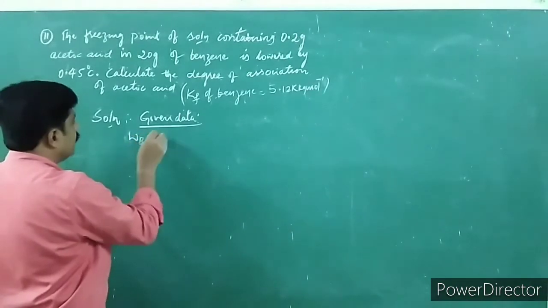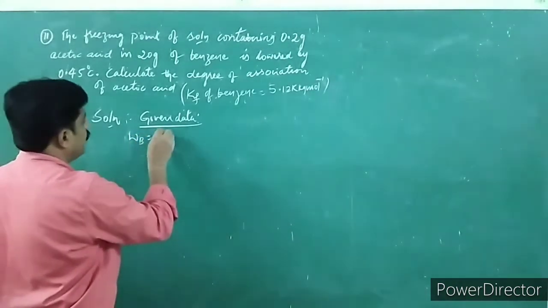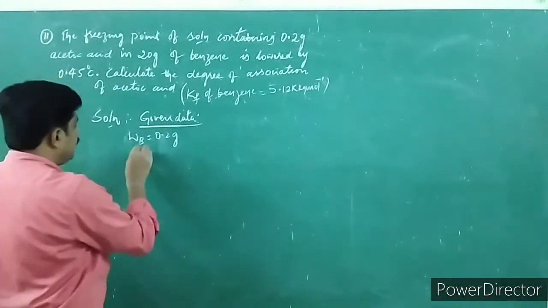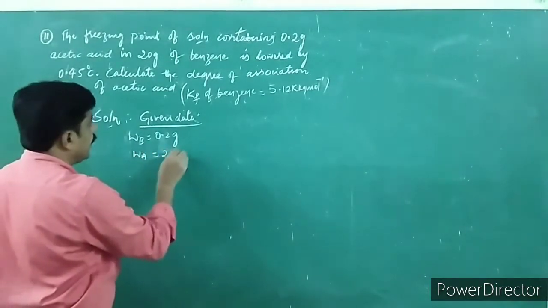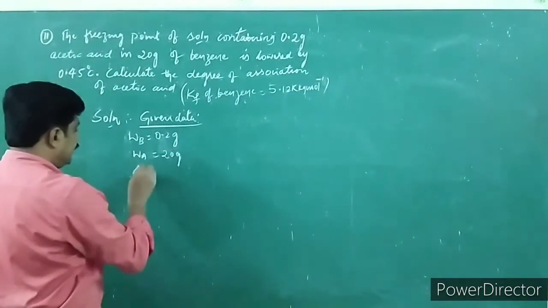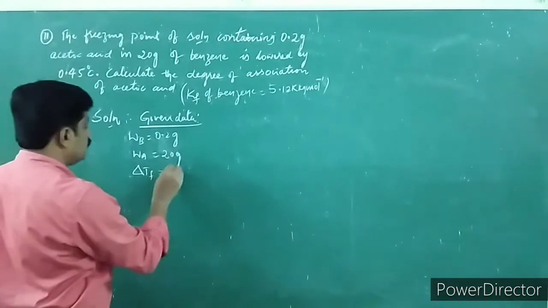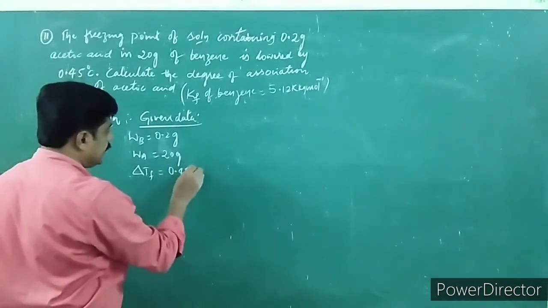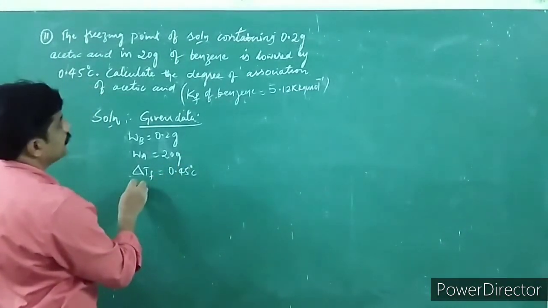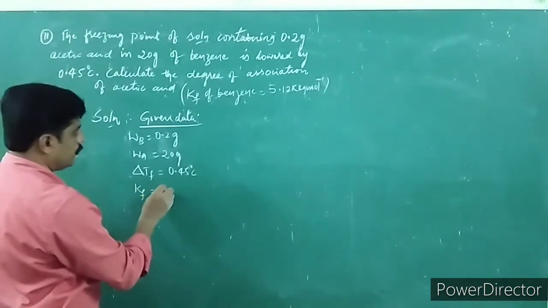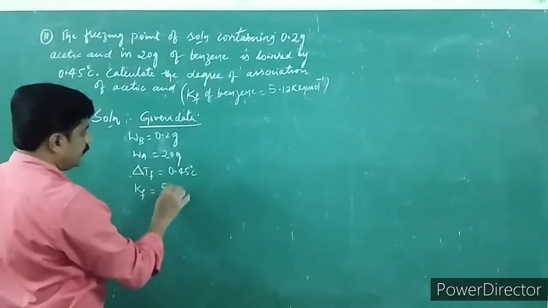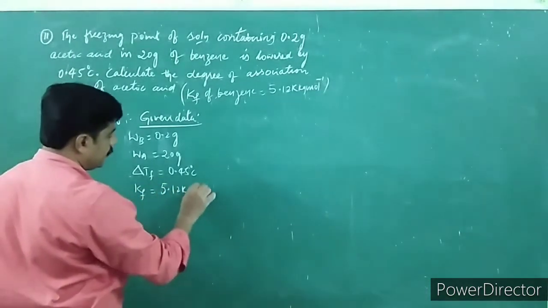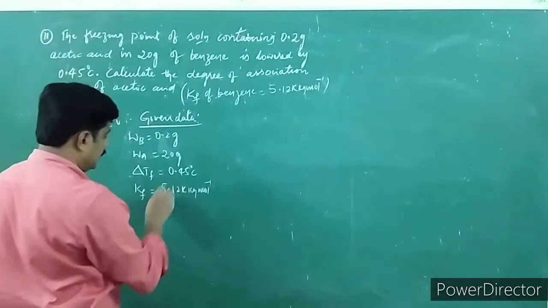Wb is given, is it not? How much? It is 0.2 grams. Wa is given, it is 20 grams. And delta Tf is given, that is equal to 0.45 degrees Celsius. Then what? Kf is given, that is equal to 5.12 Kelvin kg per mole. Is it not?